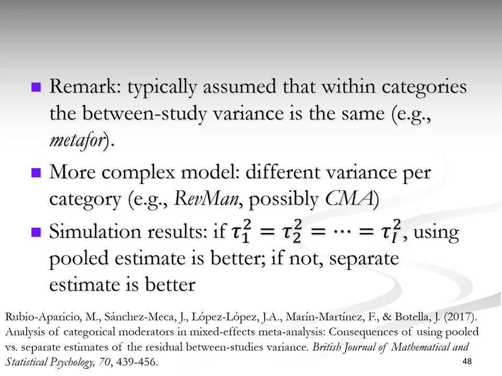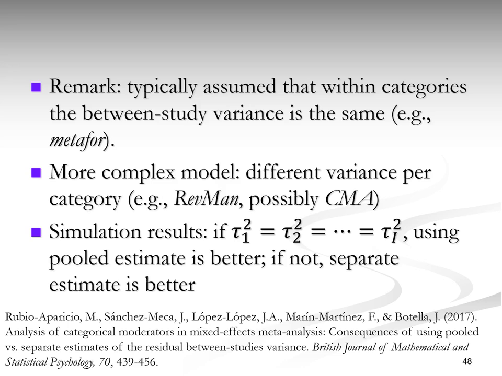So a final remark I want to make about these analysis of variance models is that very often it is assumed that within categories, the between study variance, so the variance of u, is exactly the same. So we are going to estimate only one parameter, the variance of u, or the tau squared.